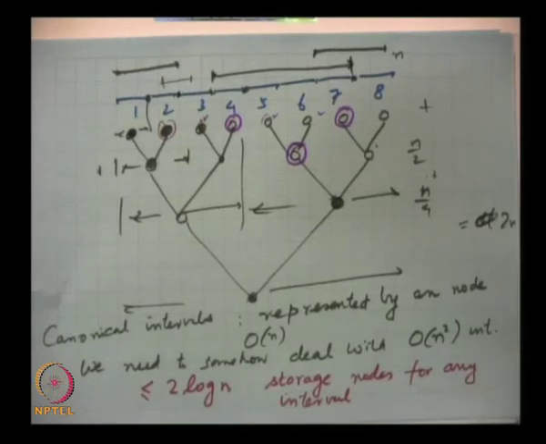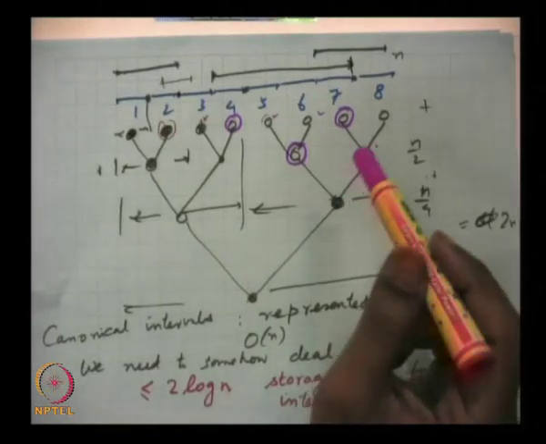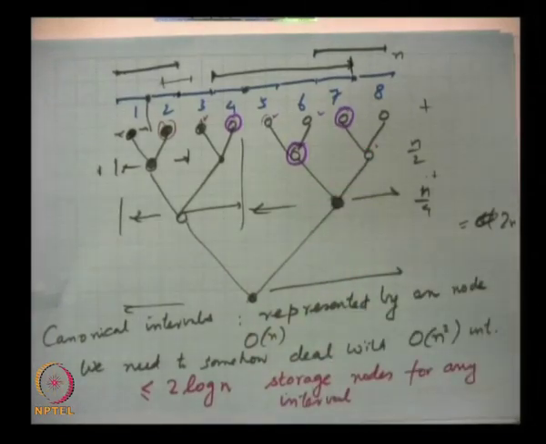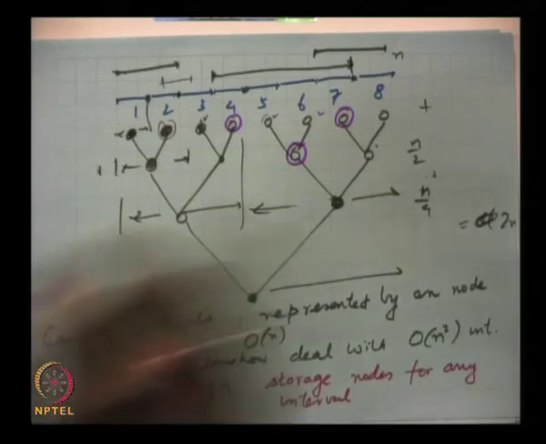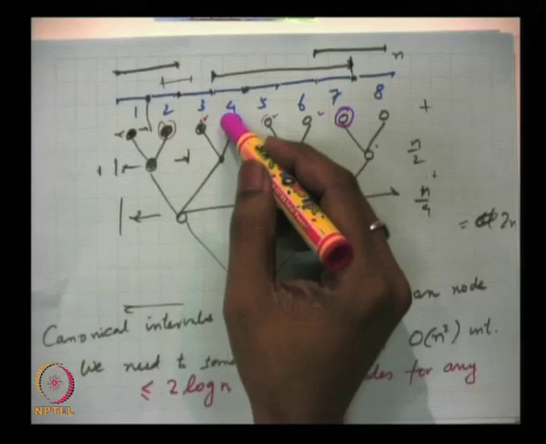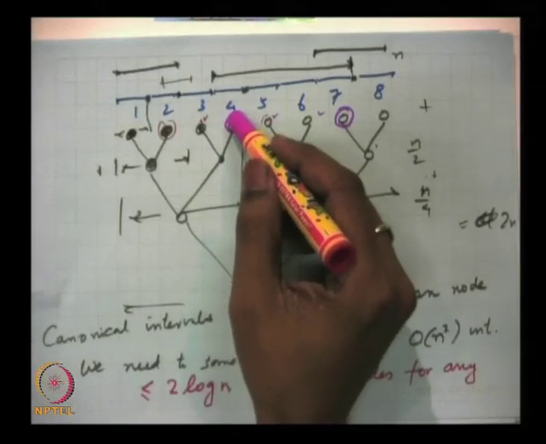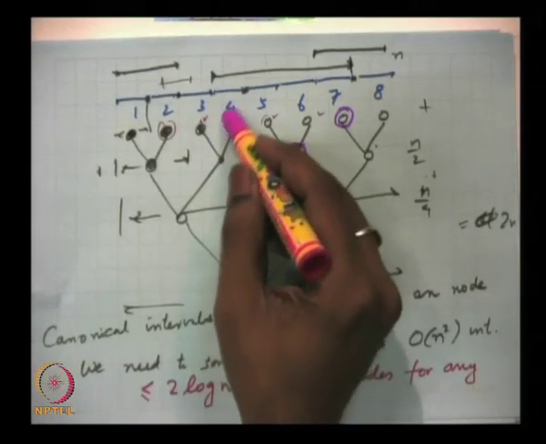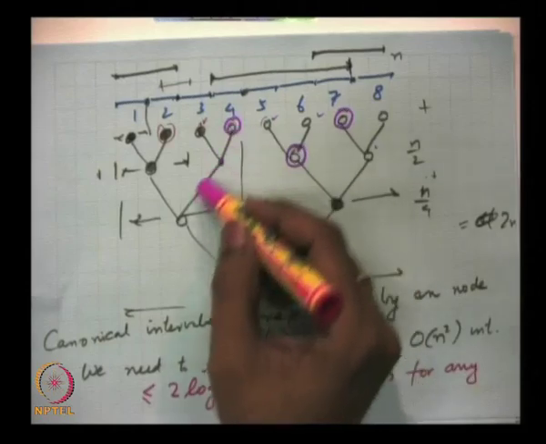So, if that is the situation, then why is the update order log n? Does it immediately imply that the update is order log n? Not really. See, if you think about it, here is a node. When we want to update, we have to basically walk along this node to the root and update the counts.